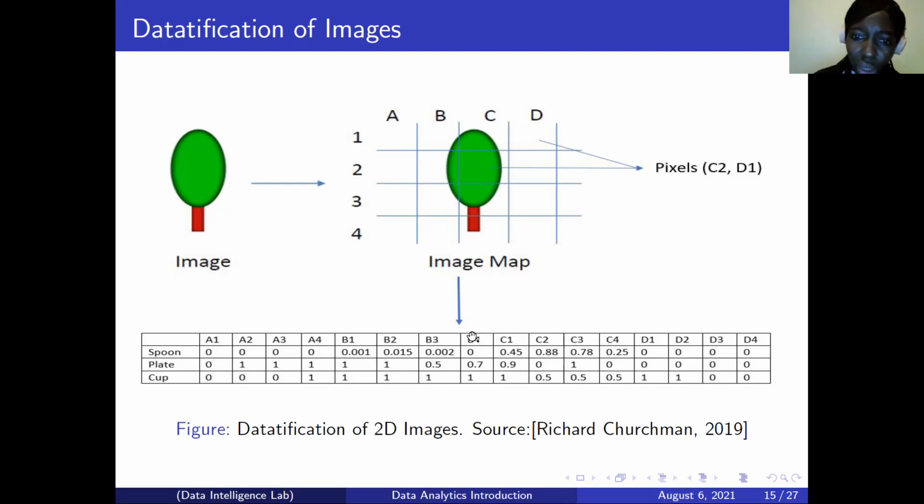So a collection of the floating numbers across all the pixels drawn on the map represents a particular image. Different objects will come up with various pixel floating number collections. So this is an interesting way of datafying images.